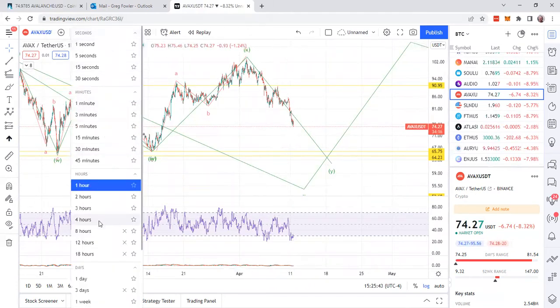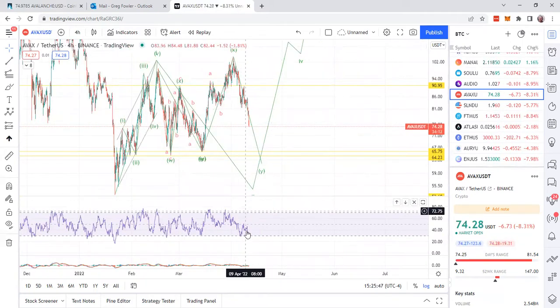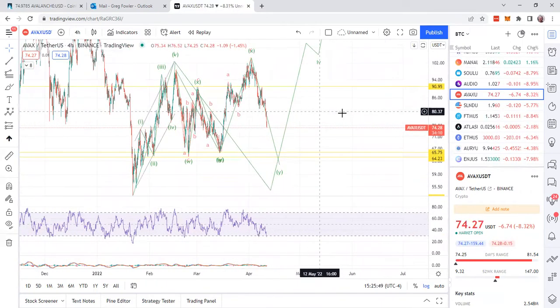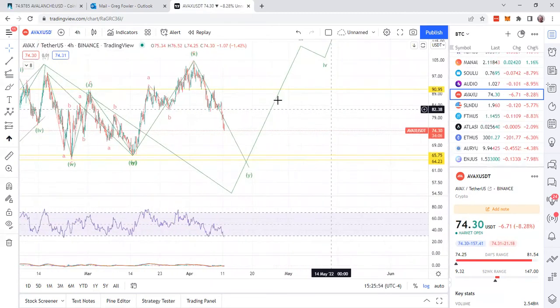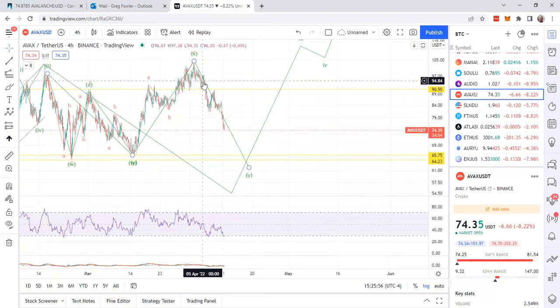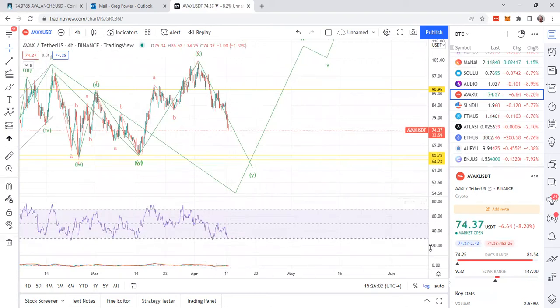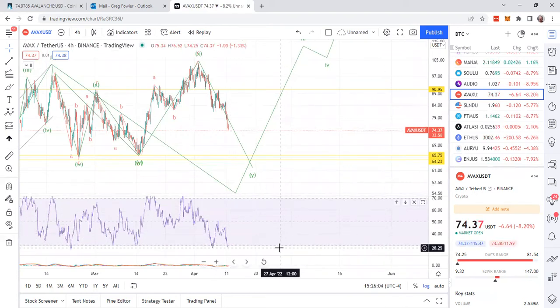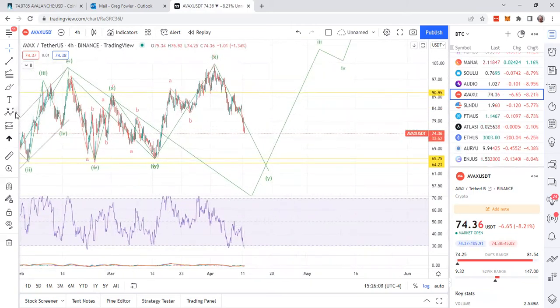Let me go out to the 4-hour. You know, it can still go down a little bit. So let's see here. 1, 2, 1, 2, 3. Yeah, AVAX is beyond that. So this is a third wave of some sort.